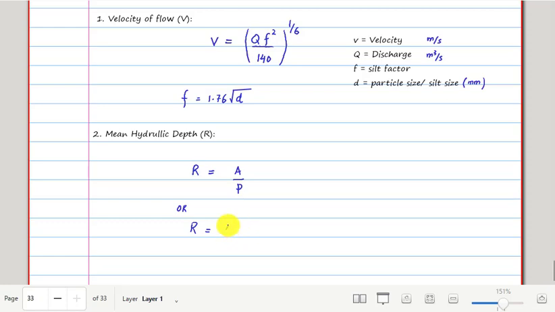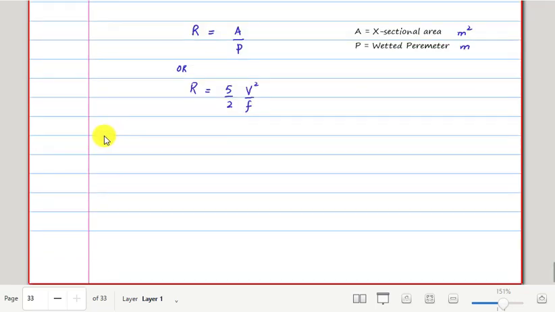R is equal to 5 divided by 2 multiplied by V square, where V is the velocity which we found in the first step, divided by f, the silt factor. So these are two formulas to find out the mean hydraulic depth. What is A here? A is the cross-sectional area, and P is the wetted perimeter. The units will be meter square for area and meters for wetted perimeter. This is our second step.